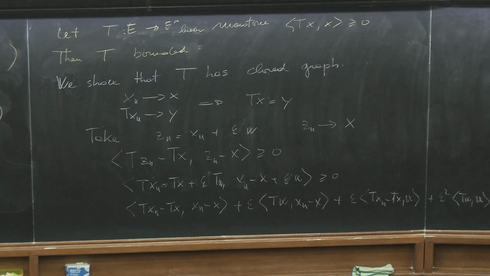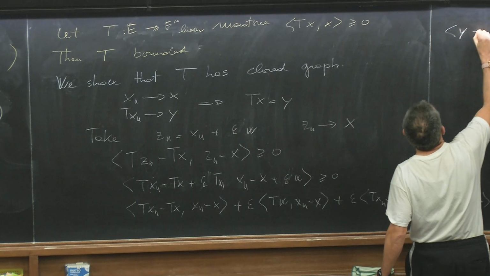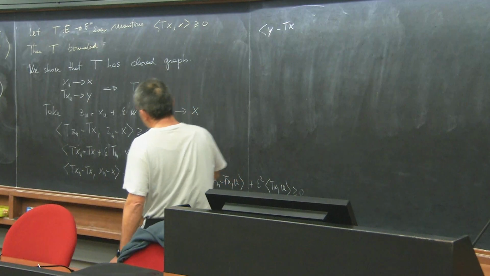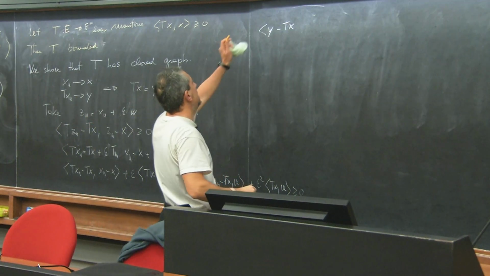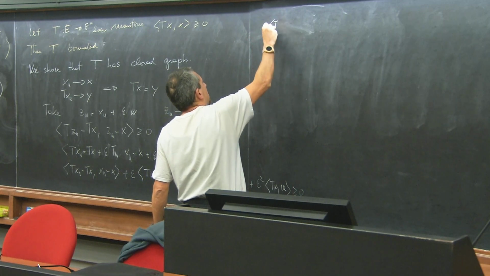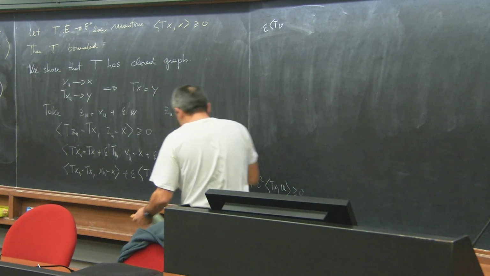So we pass to the limit. This guy converges to y minus dx, but actually this guy converges to 0, so I don't say anything. So the limit is epsilon t w. And this guy goes to 0 again, sorry.